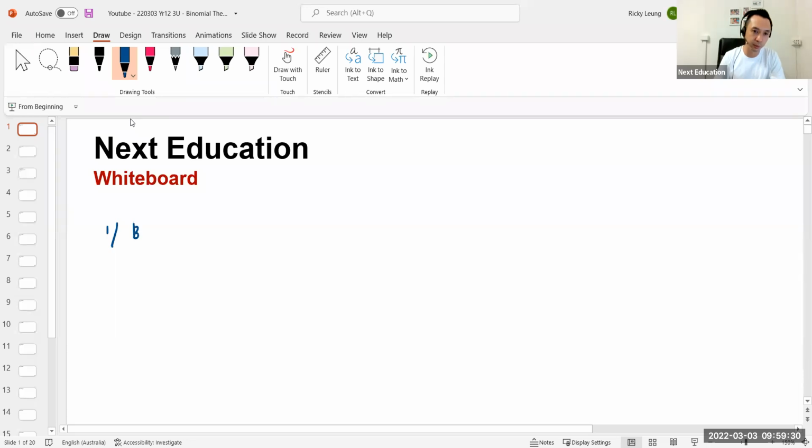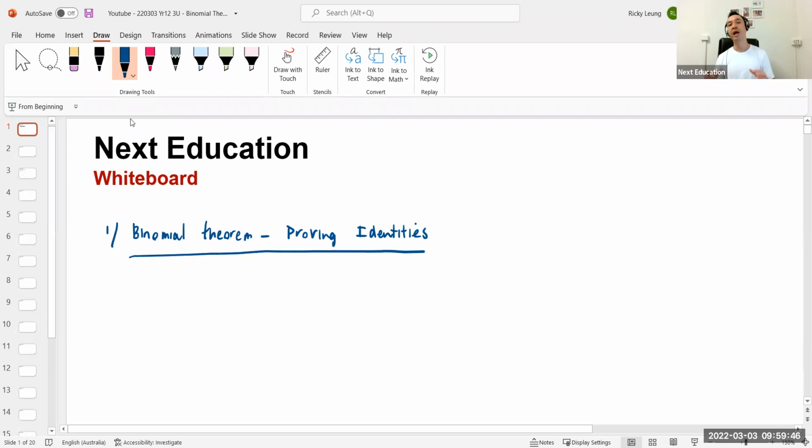Binomial theorem, proving identities. Now, I think it's fair to say that when the syllabus talks about binomial theorem, there are 2 aspects.